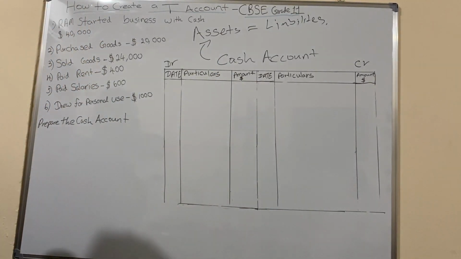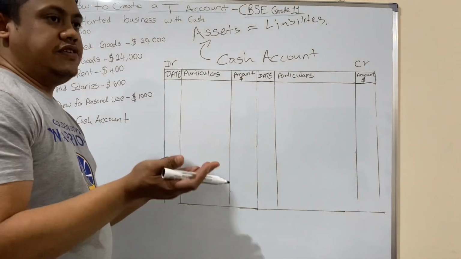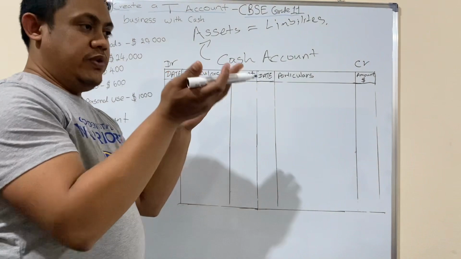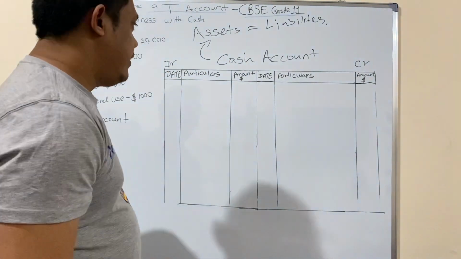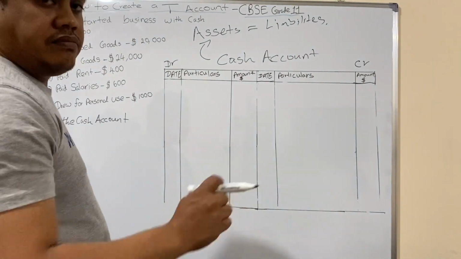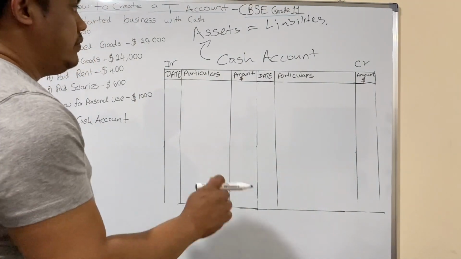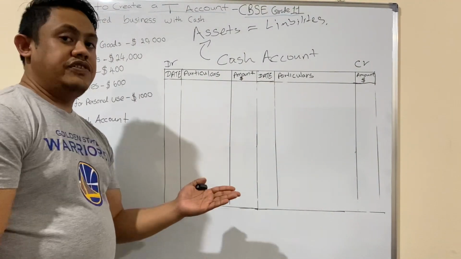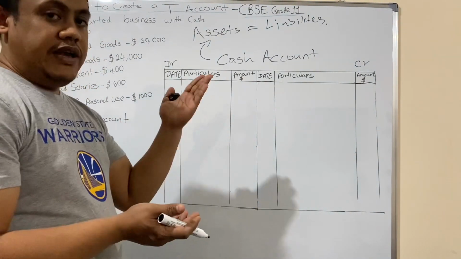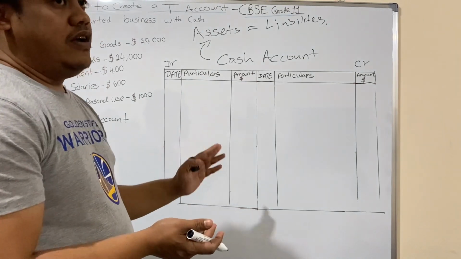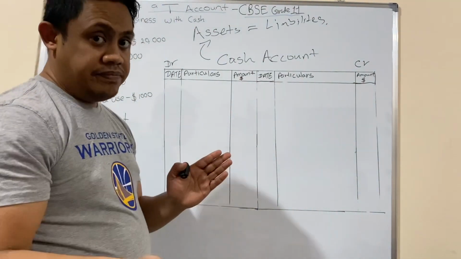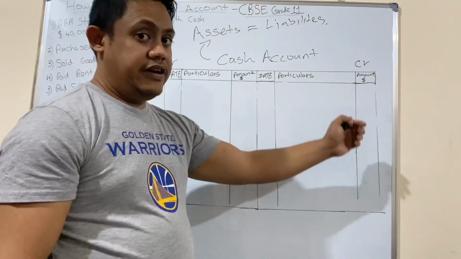So whenever cash is going up, it will be on the debit side, and whenever cash is going down, it will be on the credit side. Just remember, any transaction that makes cash go up is on the debit side, and any cash outflow goes on the credit side.